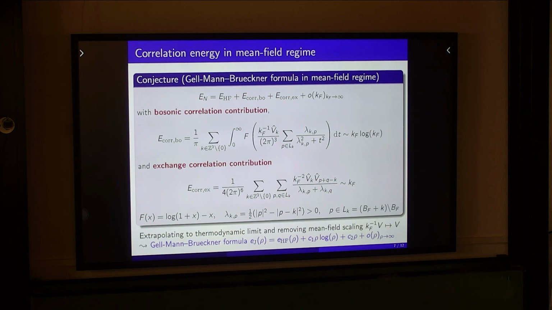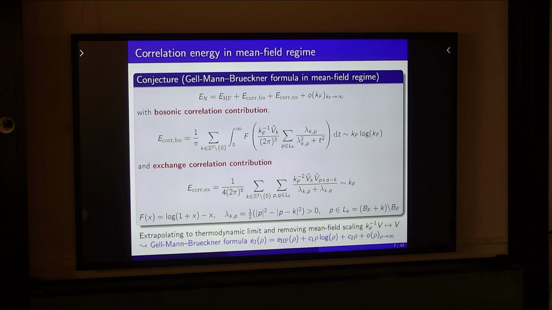And then P has to be in the shifted Fermi ball without the Fermi ball. So it's basically all the points here, which are in this part. This is L_k, and L stands for Lune. So these are all these points.